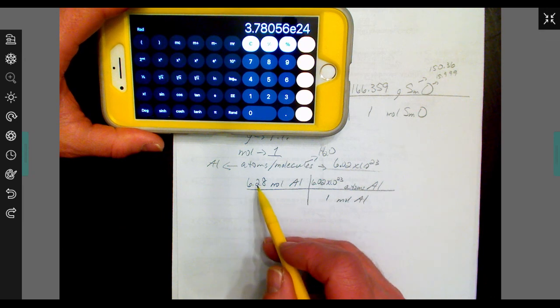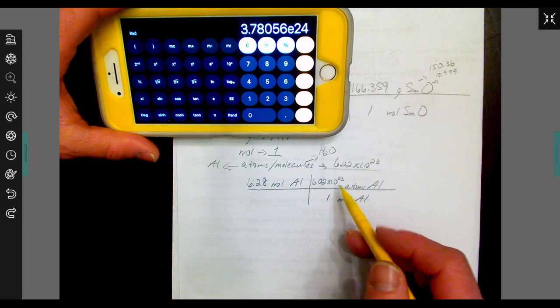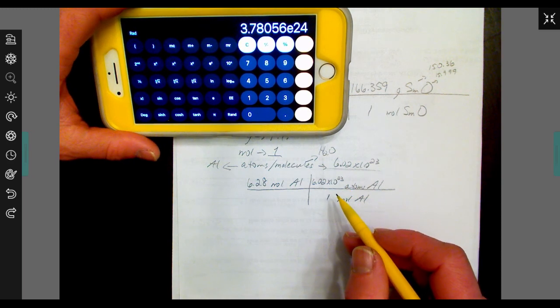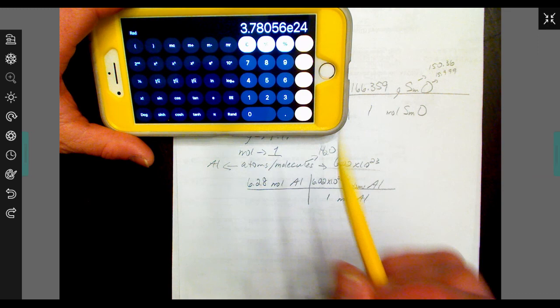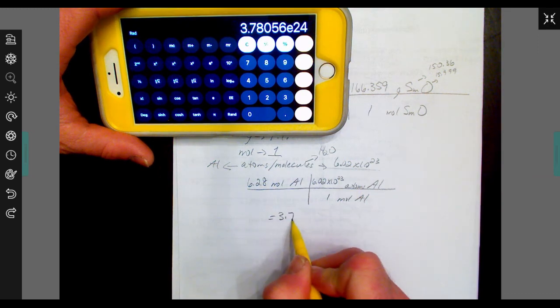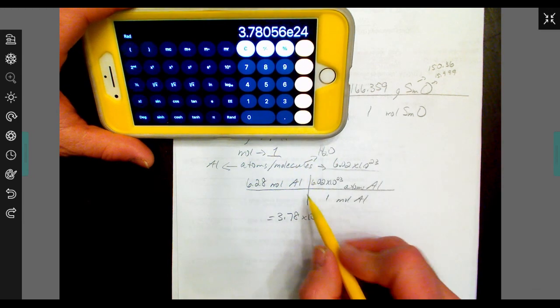If you look at the answer bank on the bottom of your worksheet, you're going to see an answer choice that has 3 sig figs, which would be 3.78, and it will say times 10 to the 24th.